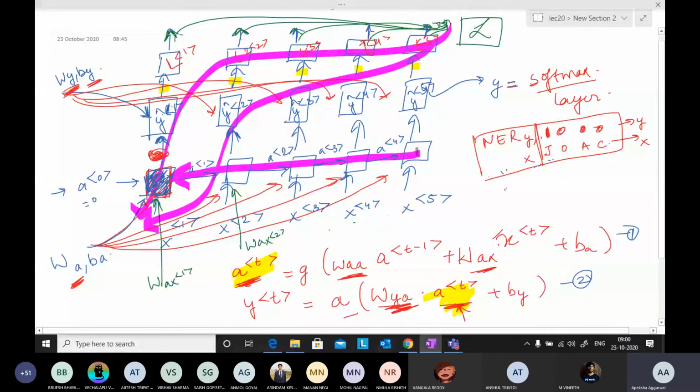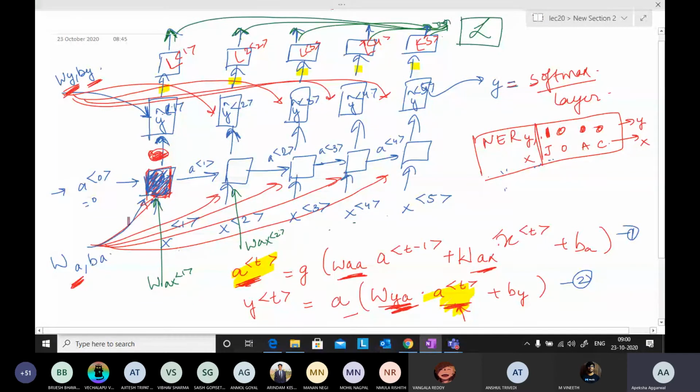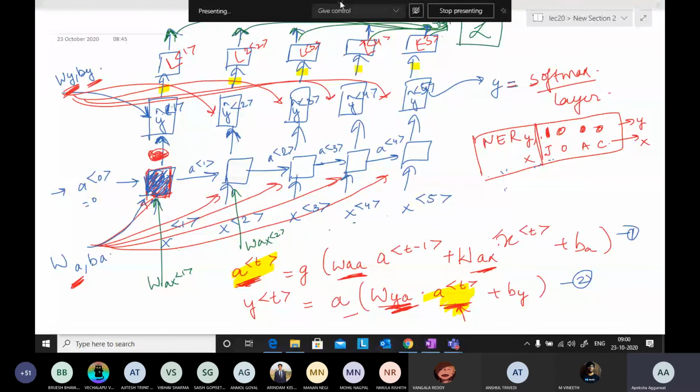That is backward propagation starting from this point, and it will go from right to left. And if I'm updating the gradients of the weights of y, the weights of the output layer, it will move this way. This is the exact opposite of the direction of the forward propagation. This is also called backpropagation through time.